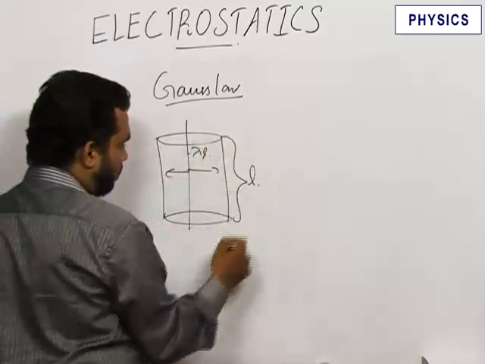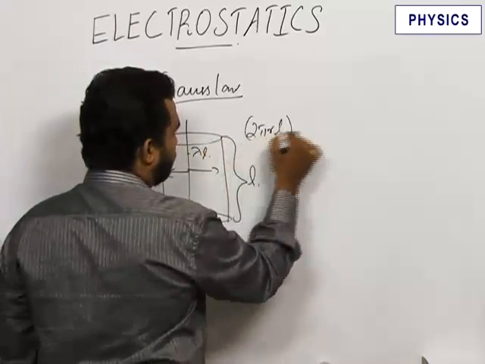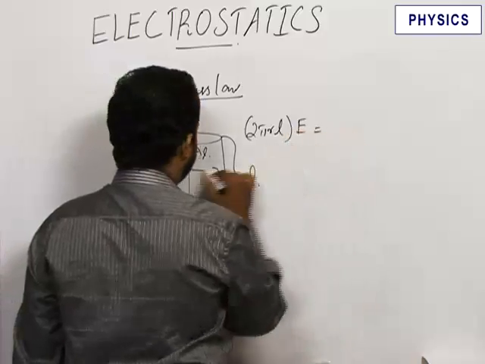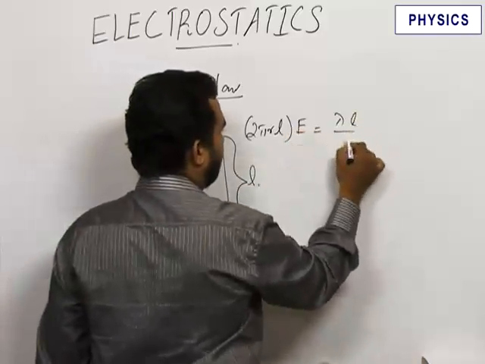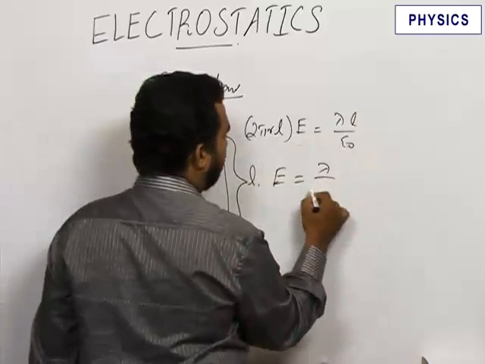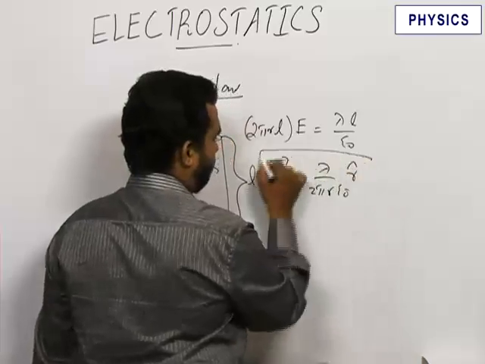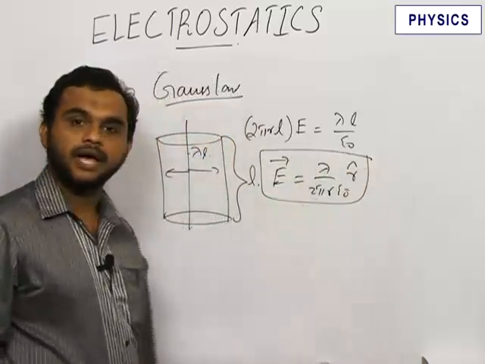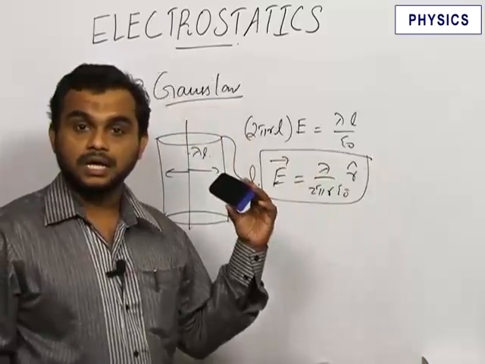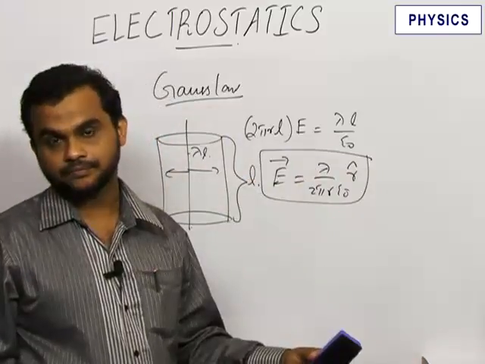So we know the curved surface area, that is 2 pi r L, that into electric field is equal to the charge lambda L by epsilon 0, where we will get the value of electric field as lambda by 2 pi r epsilon naught. So easily we got the value of electric field of this continuous charge distribution, but the condition is it should be symmetrical.